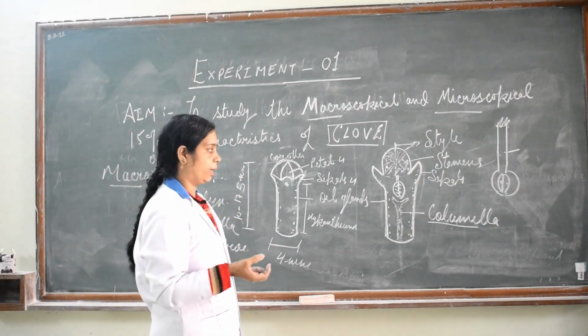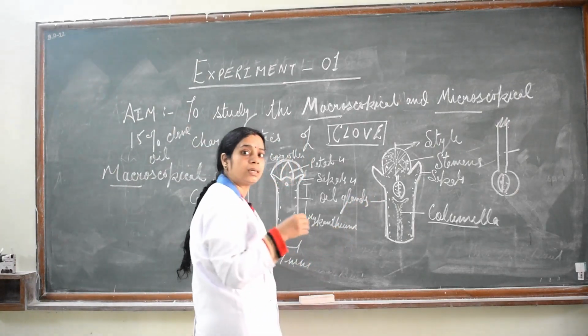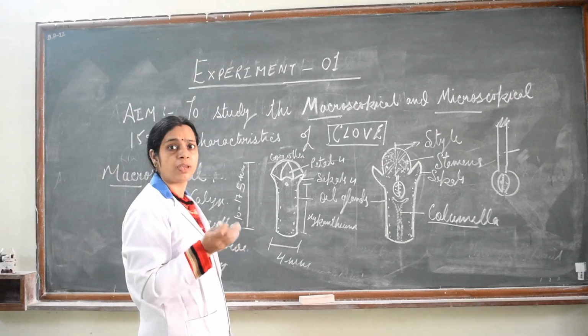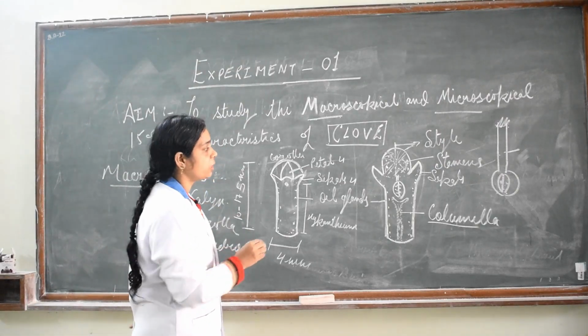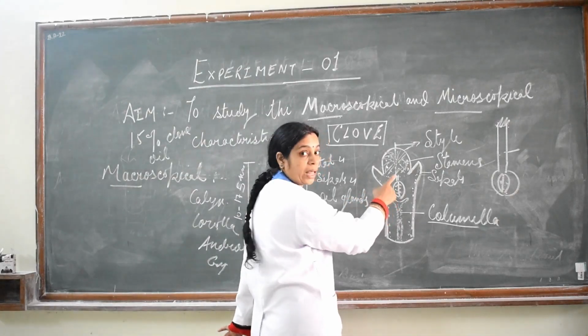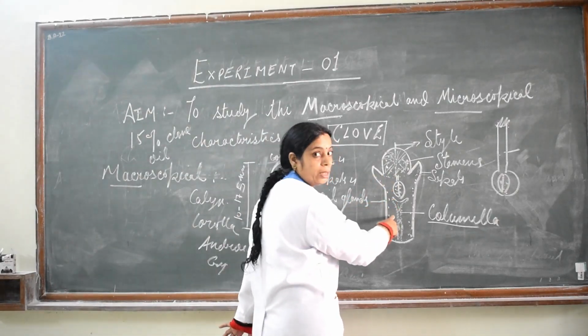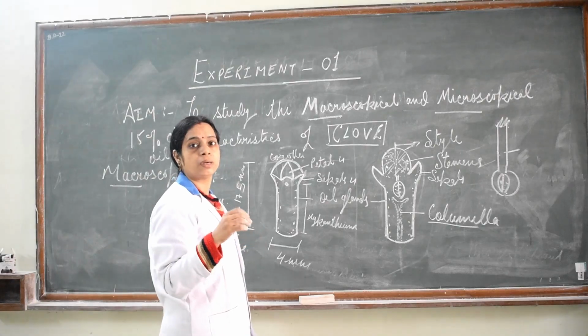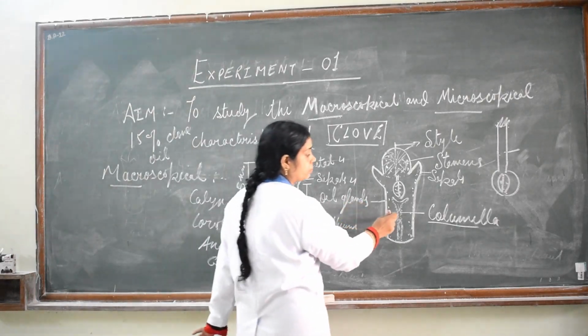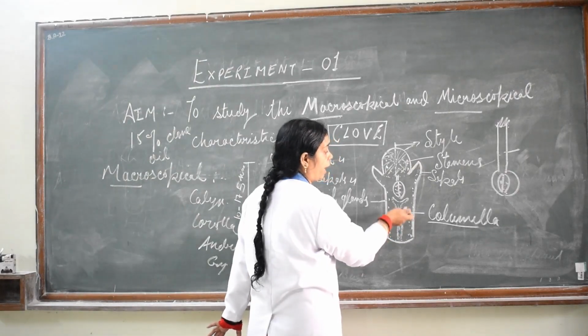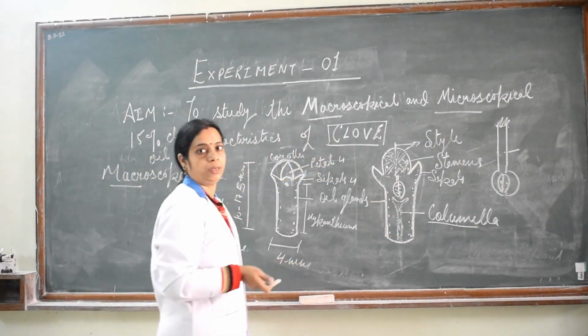So when we do the microscopical studies, we have to observe 2 sections. The first is the section through the ovary, and another is the section through the columella. By studying the transverse sections, we can identify which section contains the columella and which section contains the ovary.